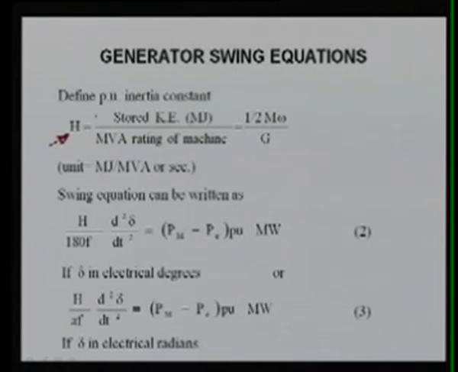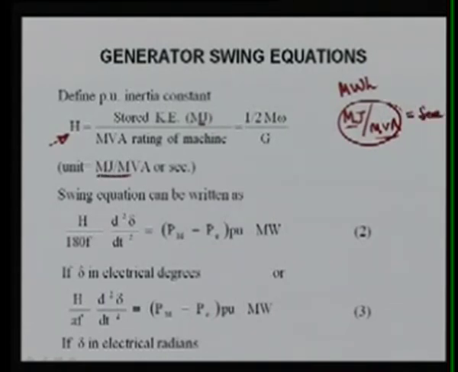The unit of kinetic energy is megajoule, over MVA, which is power. The energy can be expressed as MWh, so the unit here is megajoule per MVA, or seconds.